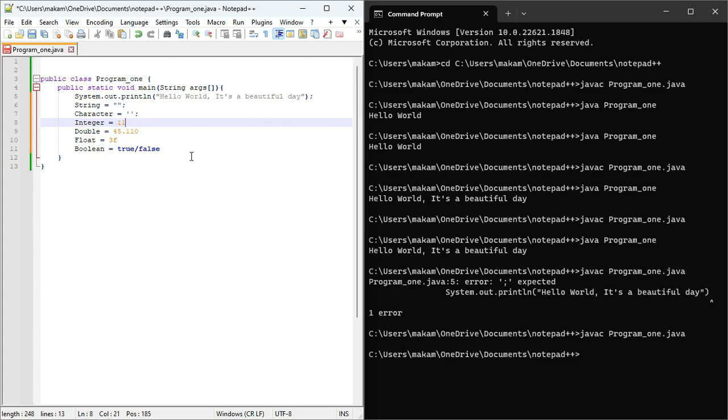For now, just learn that there's 5 data types that you will be seeing on a regular basis, minus the float here. You're not going to be seeing float as frequently. You're going to see your string, character, integer and double.